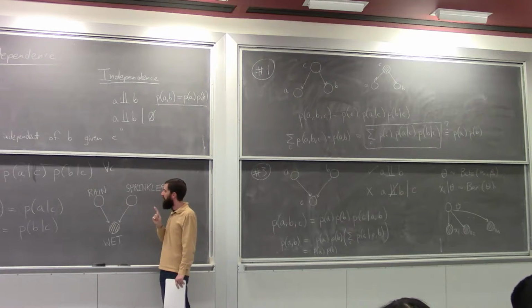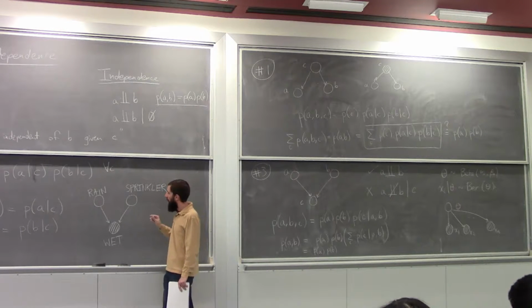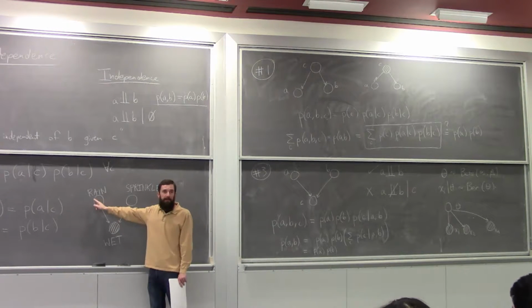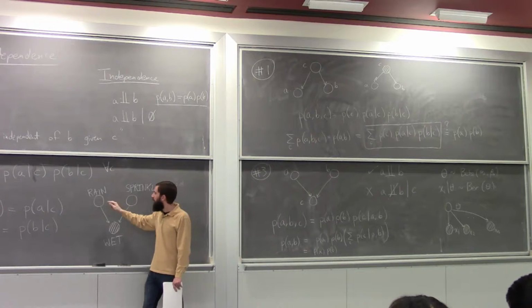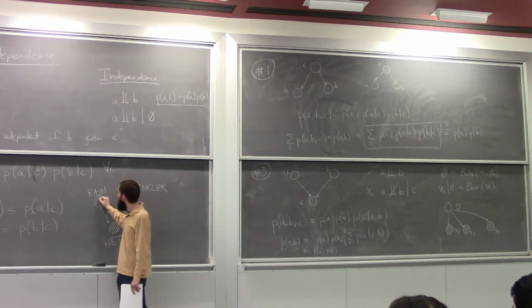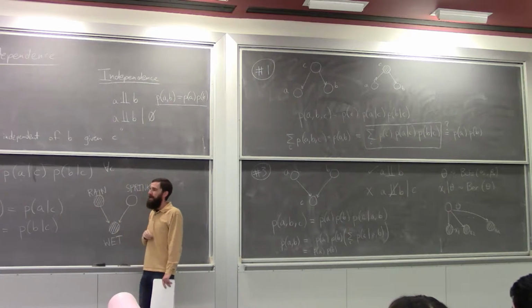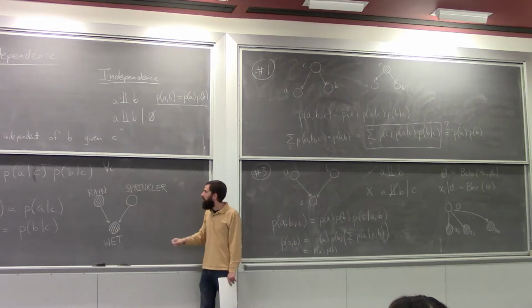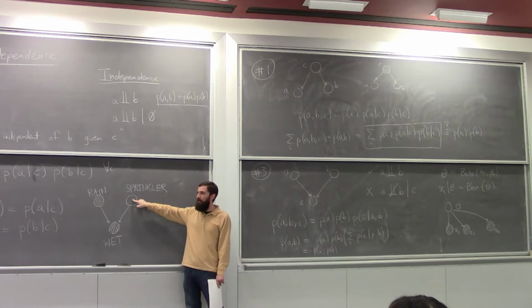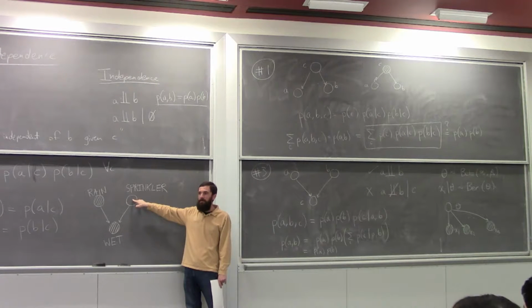But think of it this way: are these two now related? And actually, they are. So why are they related? If I tell you it's raining outside, now are you going to increase or decrease or keep the same your probability that the sprinklers are on? Usually decrease.